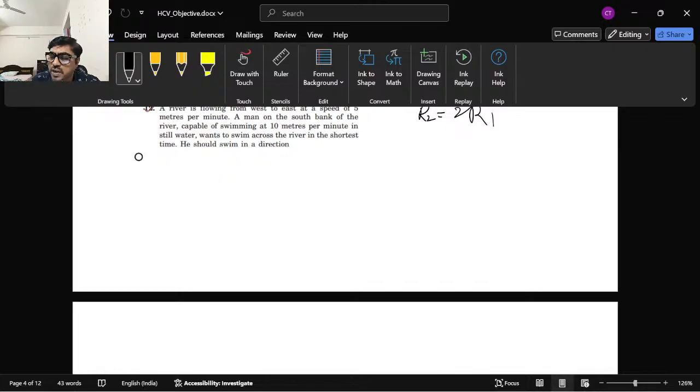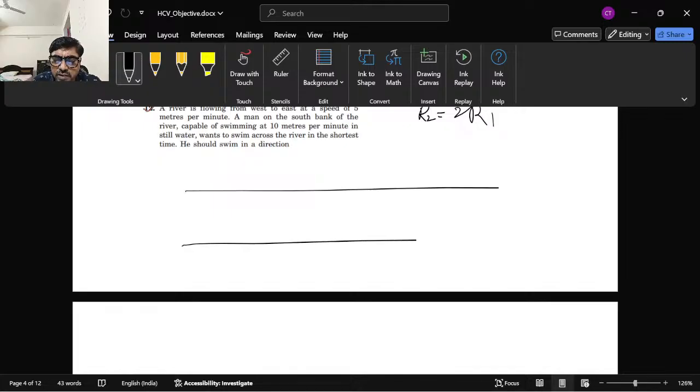So now let me draw the diagram. Let's say this is a river flowing like this. So this is west and this is east. So this is south. So one boy is over here. Now he wants to cross the river in the least possible time, shortest time.